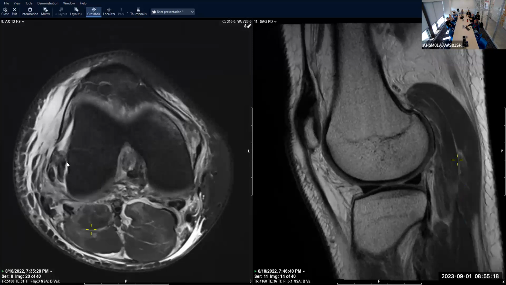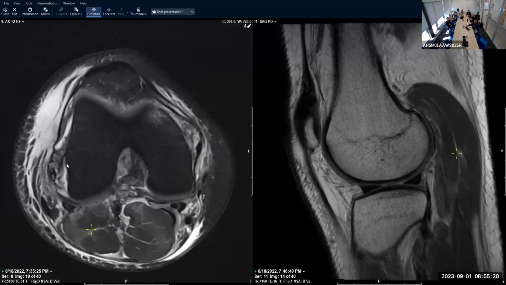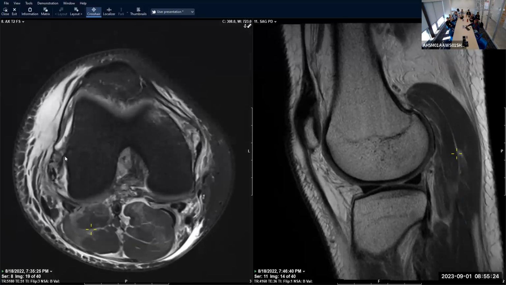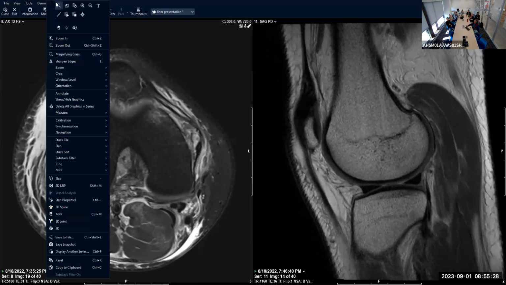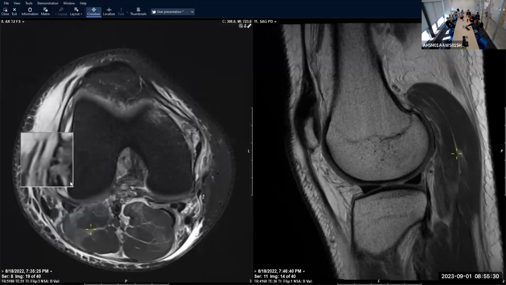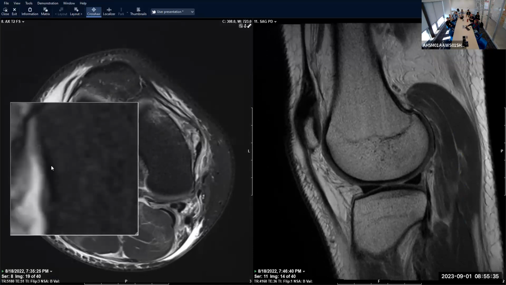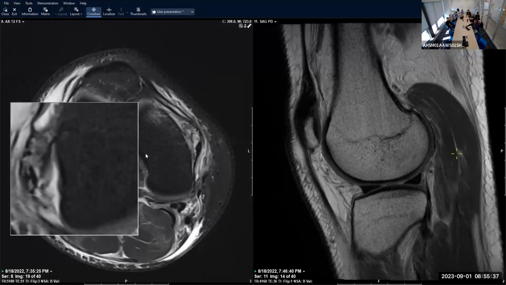Again, popliteus tendon starts in this little divot in our lateral femoral condyle, and it just stops right here. Maybe there's one little thin fiber attaching, but it's not a robust attachment or origin by any means.